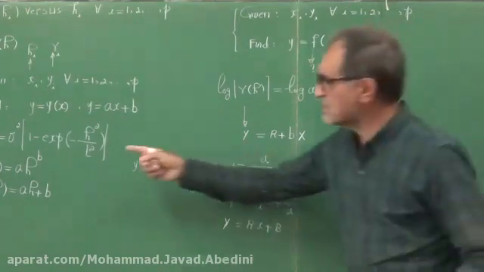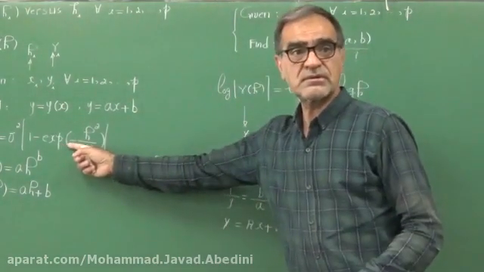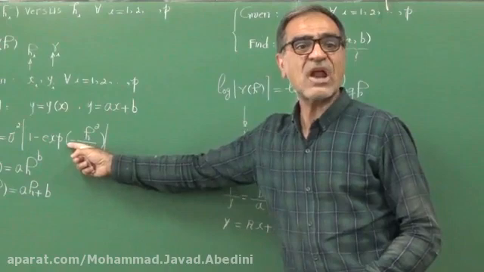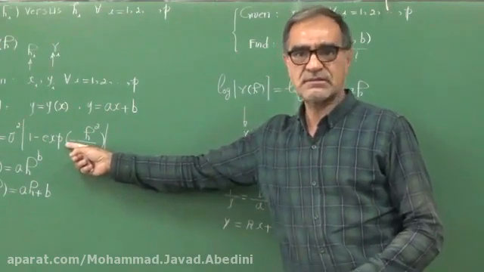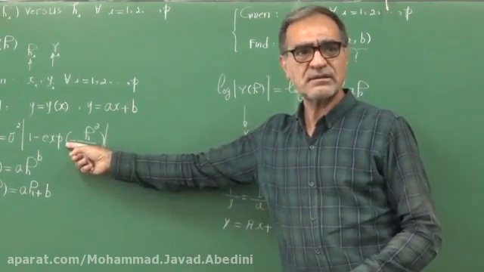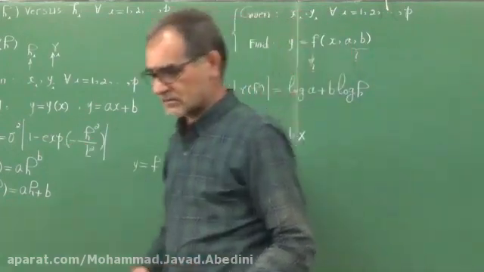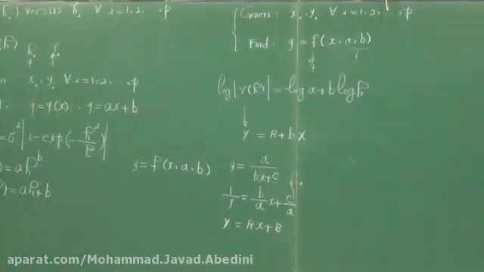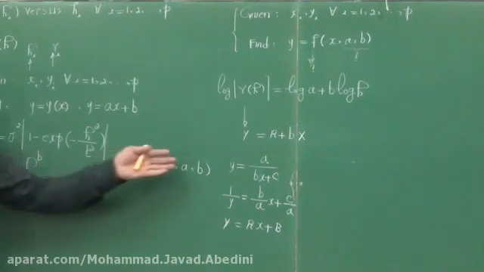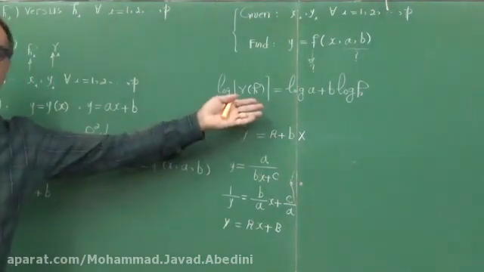When it comes to this relationship, it cannot be linearized. Why can't we linearize this relationship? Here we take the natural log of both sides to make it linear.